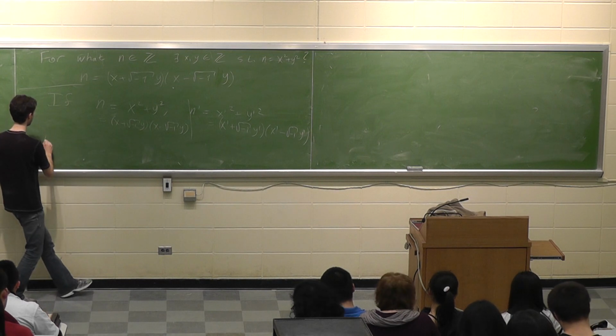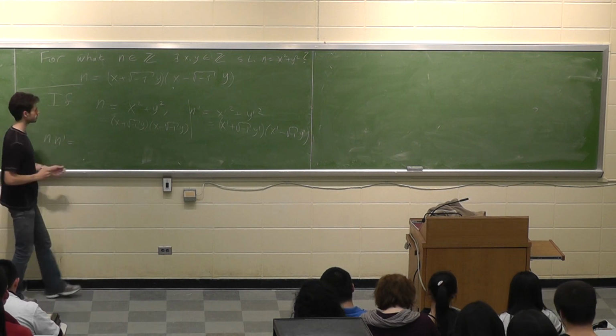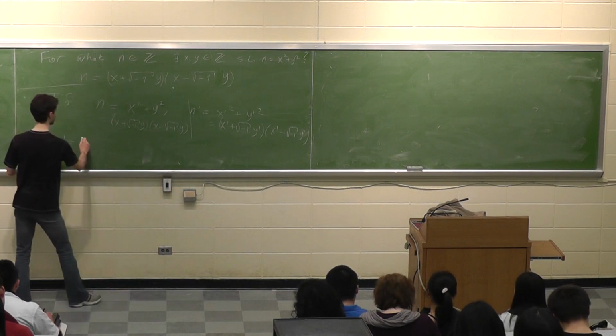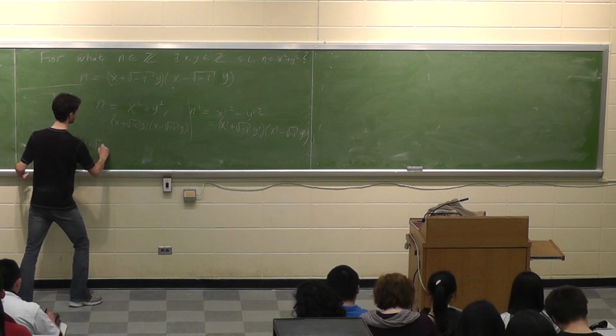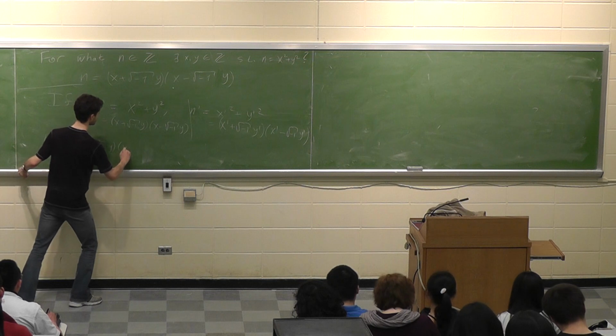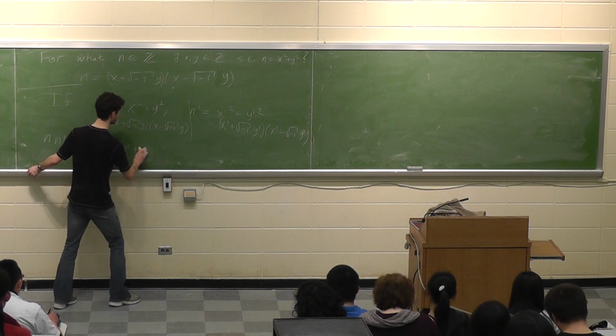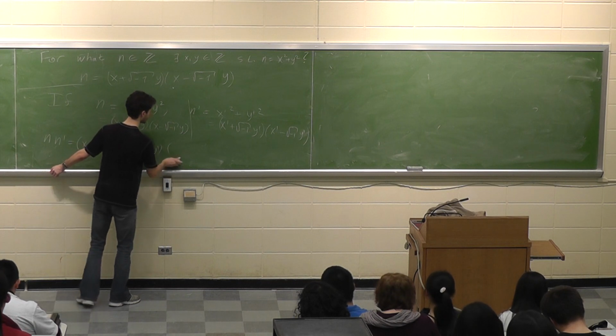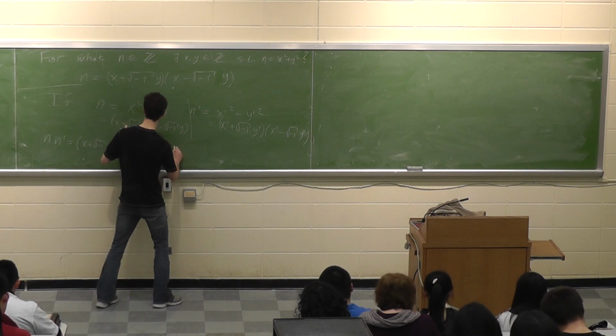So what do we get? n times n prime is the product of this thing and that thing: x plus square root of minus 1 times y, and the same thing with x prime and y prime, times the same thing with minus signs.